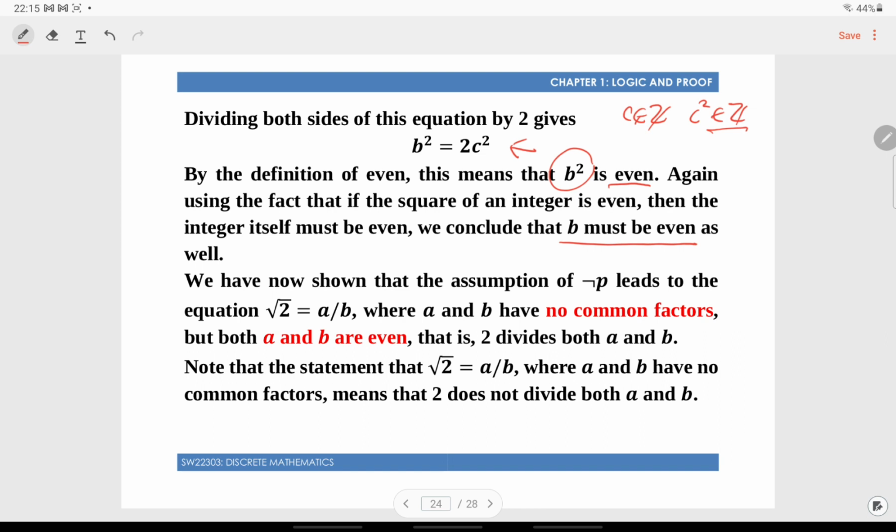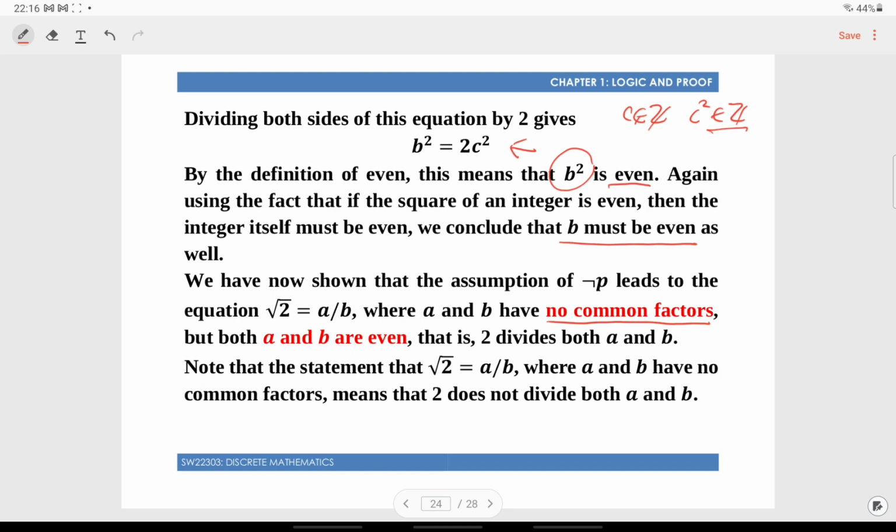Previously we have shown that a is even, and this time we have shown that b is also even. We have now shown that the assumption of not p leads to the equation square root of 2 equals a over b, where a and b have no common factors. Previously we assumed that a over b is in simplest form, where a and b don't have any other common factor.